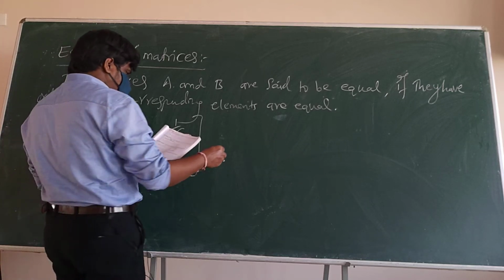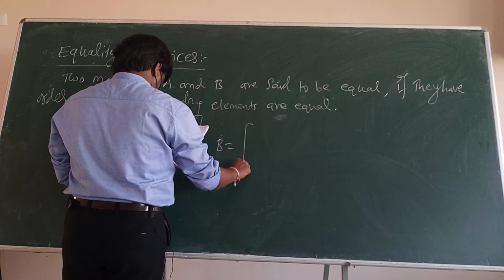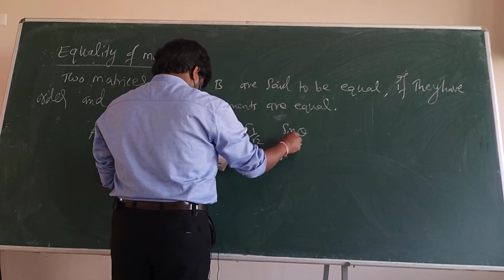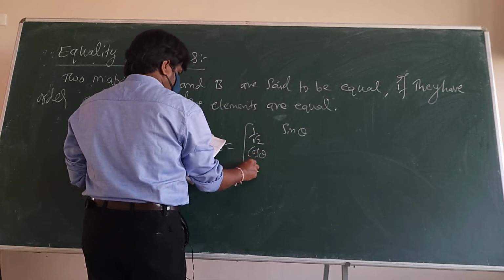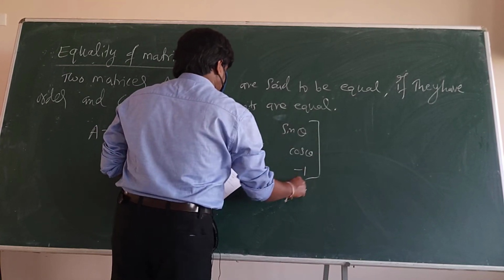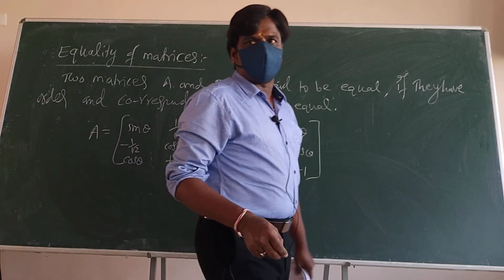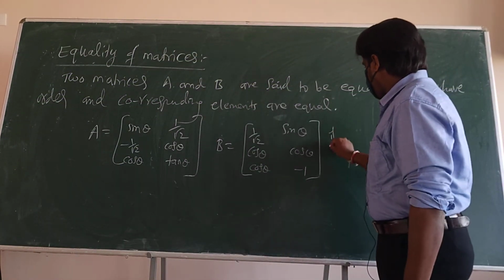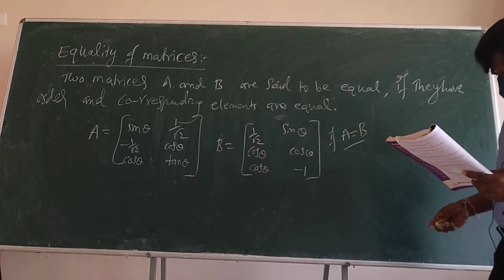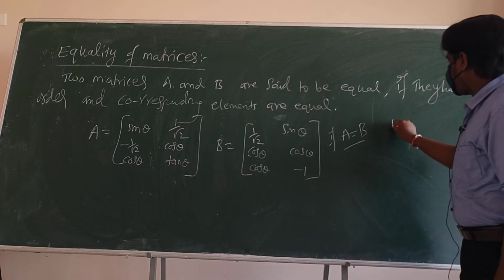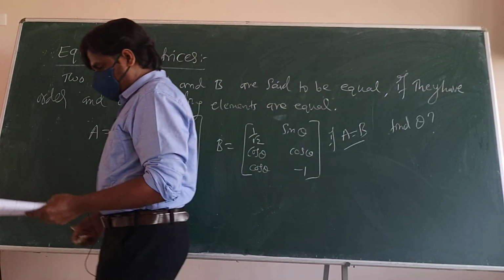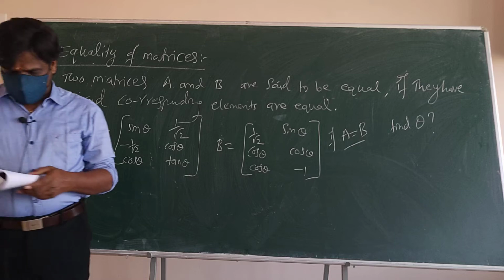Okay, so the B matrix is [1 by root 2, sin theta; cos theta, minus 1]. If these two matrices are equal, if A is equal to B, find theta. What will be the theta?